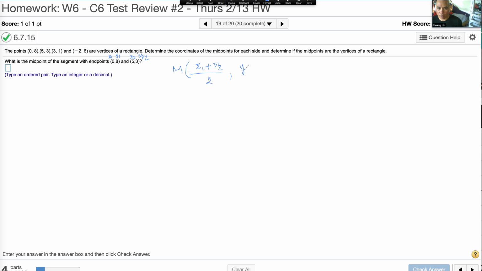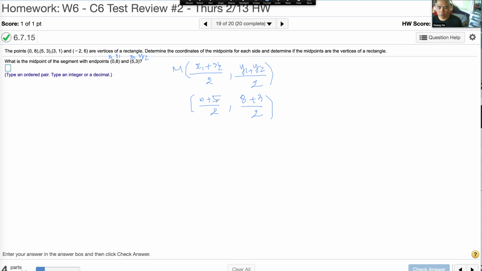The y part of your midpoint, you add the 2 y's and divide by 2. So let's see over here: 0 add with 5, divide by 2, and then 8 add with 3, divide by 2.